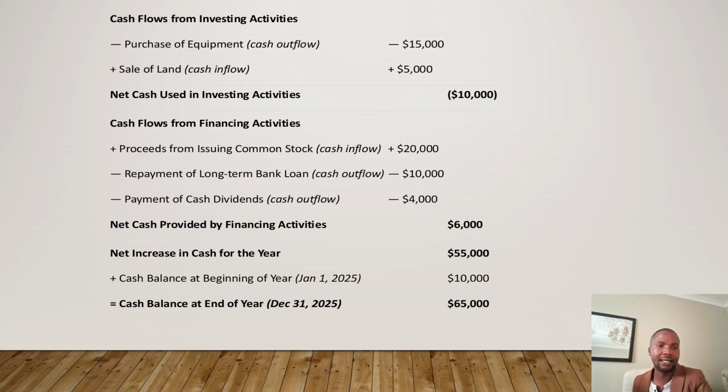So assuming the cash balance at the beginning of the year, 1 January, was 10,000, plus now the net increase in cash for the year of 55,000, we have a cash balance at the end of the year of 65,000. So as you can see, it's different from a profit of 50,000, which was reported in the income statement.